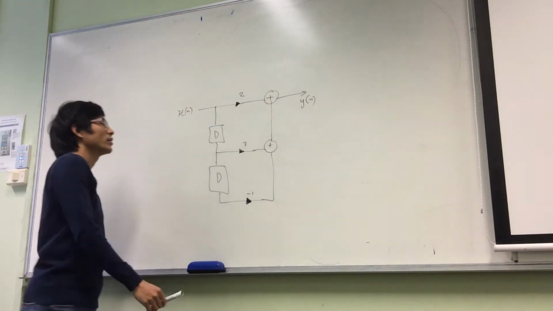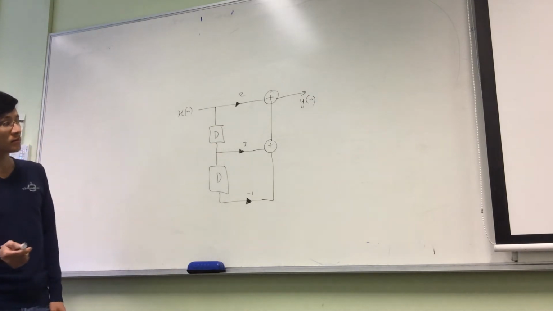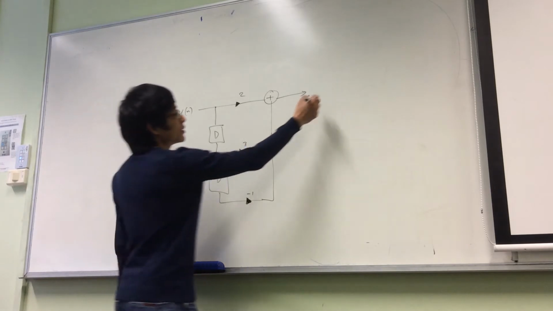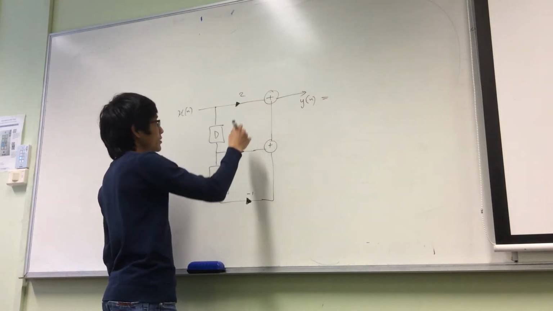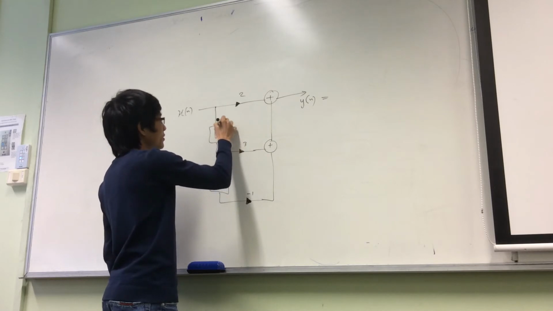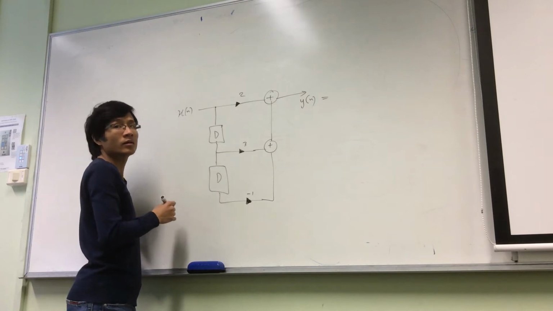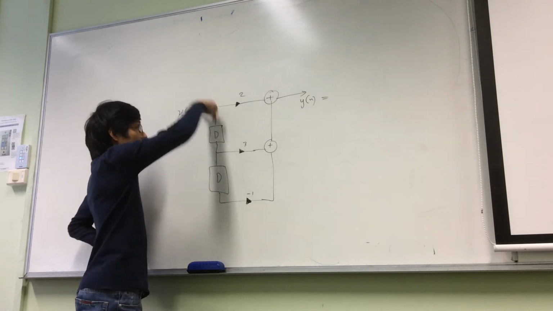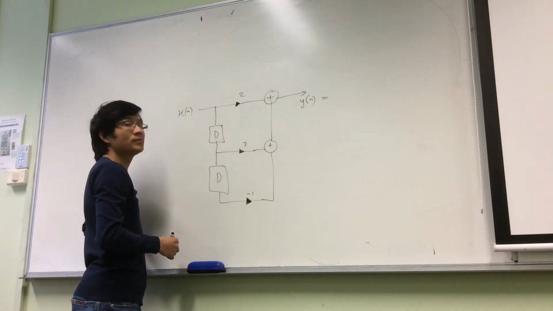It's y[n]. So what is the equation of y[n] over here? y[n] equals x[n] plus the delays. Is this a delay, or is the delay just here? We have three paths, and we add them together.